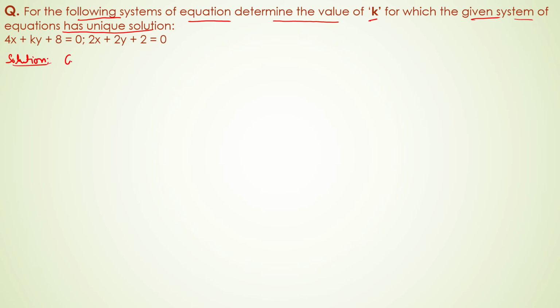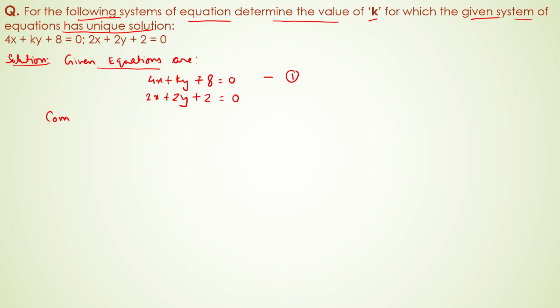Writing systematically, the given equations are 4x plus ky plus 8 equals to 0, 2x plus 2y plus 2 equals to 0, giving them as equation first and second.